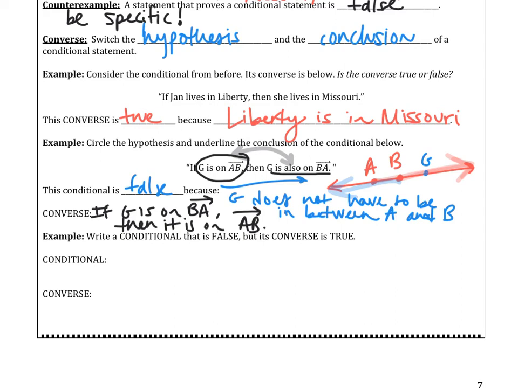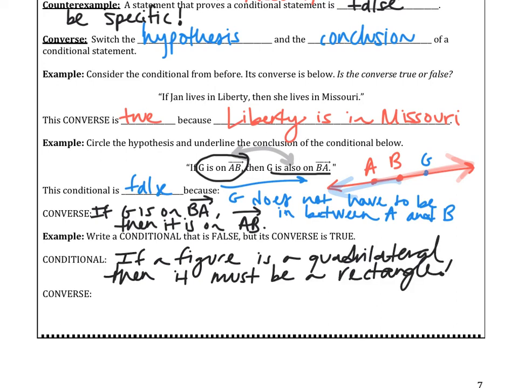I'm going to use one in geometry. We'll say my conditional statement, this is false. If a figure is a quadrilateral, then it is a rectangle, which is false because there are other quadrilaterals that are not rectangles, right? Like trapezoids and parallelograms, kites, rhombuses. There are other things that are quadrilaterals that are not rectangles, so that's false.